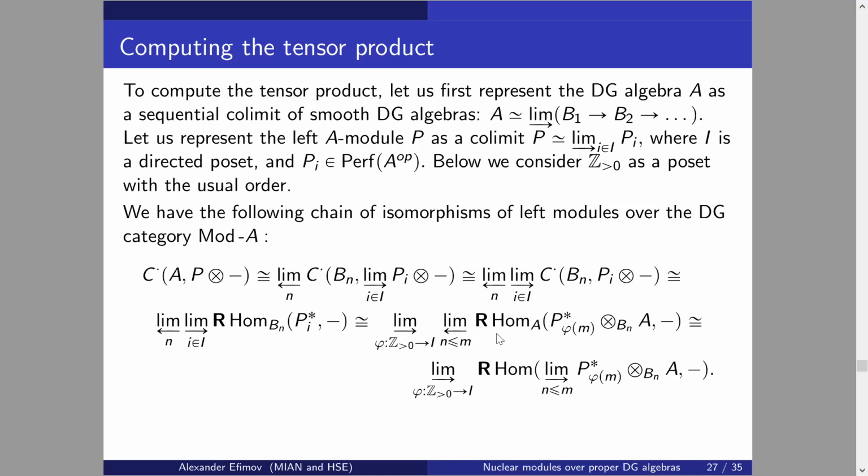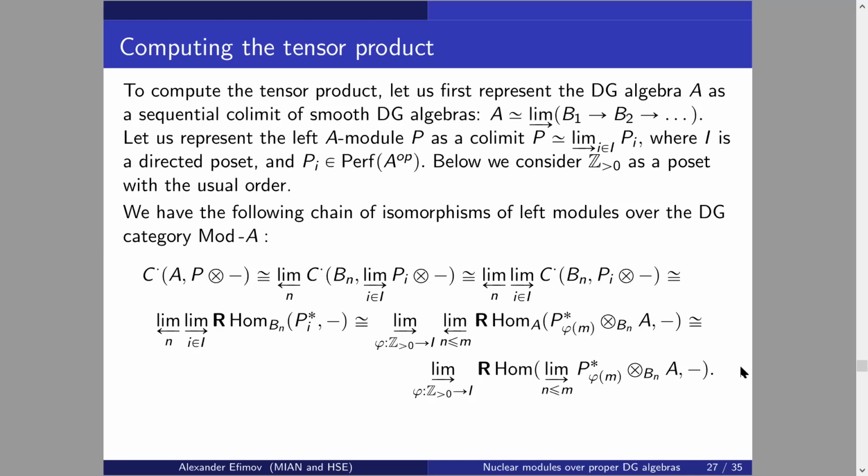Then tautologically you express the model from which we started as a directed colimit, because these maps from positive integers to I form a directed poset themselves, of R Homs from some model. In other words, we represented our left model over the category of models as a directed colimit of representable models.